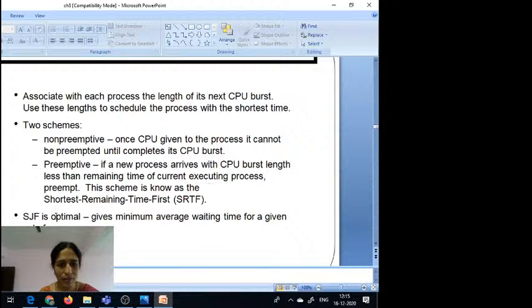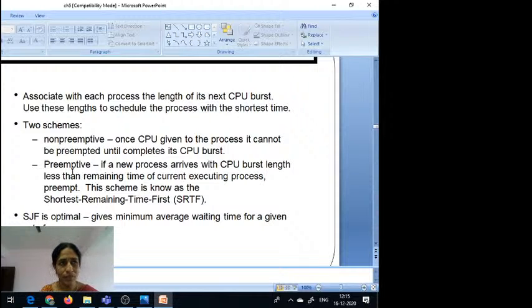In shortest job first, one more version is there, that is the preemptive version. If a new process arrives in the ready queue with a burst time less than the remaining burst time of the process currently executing in the CPU, then preemption happens. While a process is executing in the CPU, the remaining time matters.